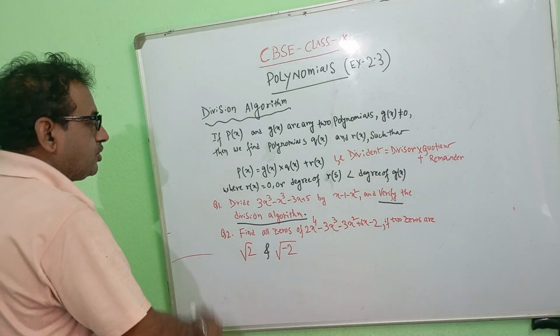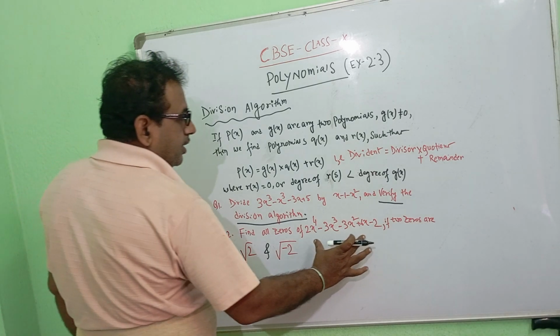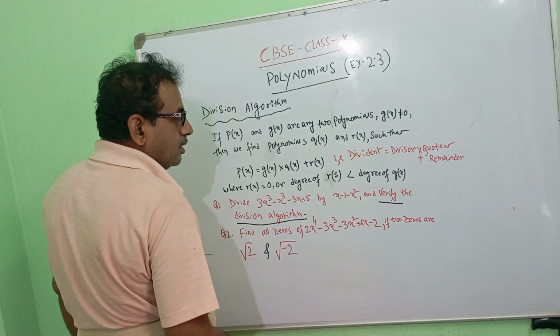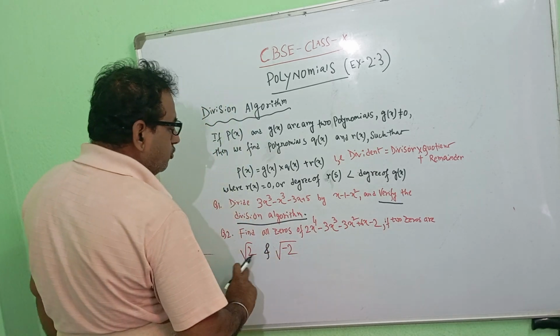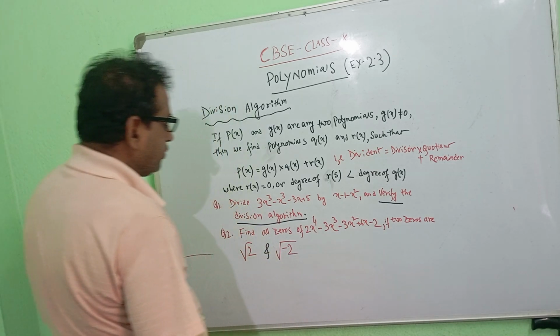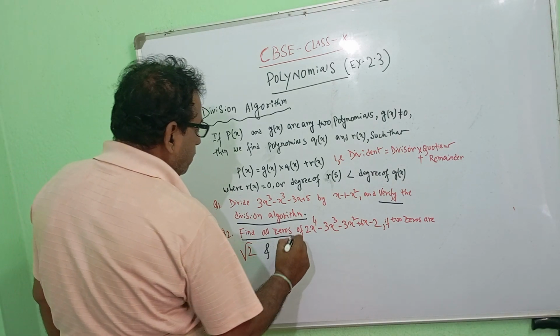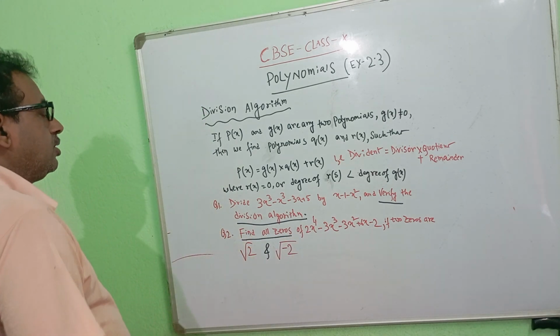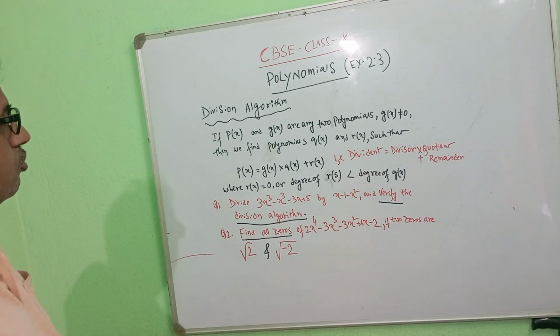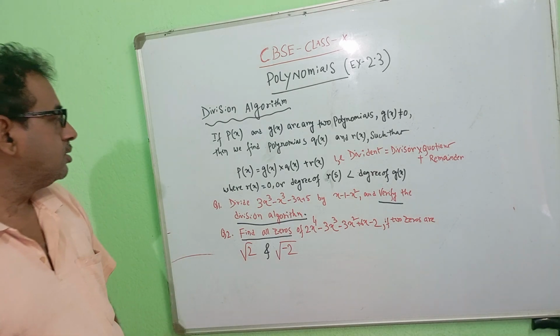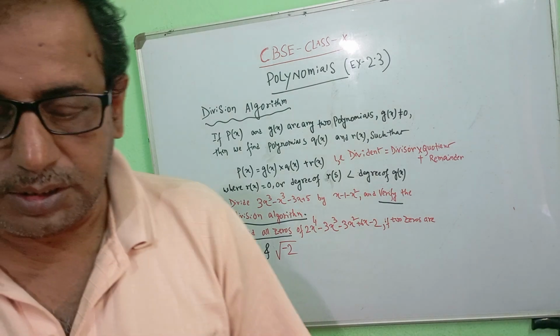And the second question, they have given a polynomial and also given the two zeros. And what they are saying? Find all the zeros. Now these are the two questions over here.